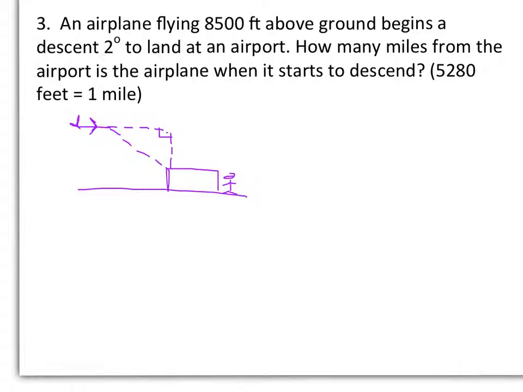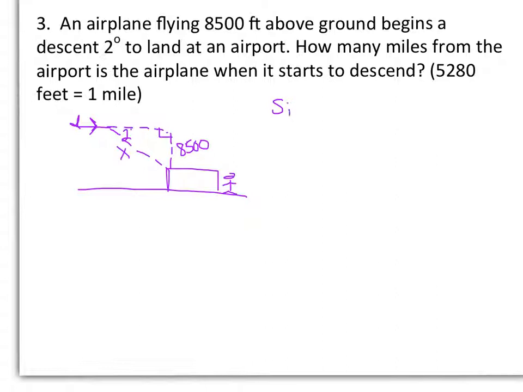Okay, so if it's descending 2 degrees, that's our angle of depression. So that's this angle here. It's 8,500 feet above ground. We want to know how many miles it is from the airport, so we're looking for this distance. So in relationship to our angle of 2 degrees, the 8,500 feet is opposite, and the distance we're looking for, x, is the hypotenuse.